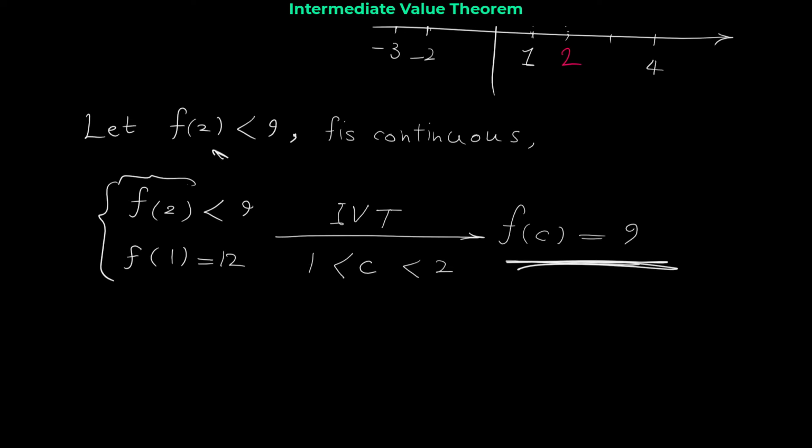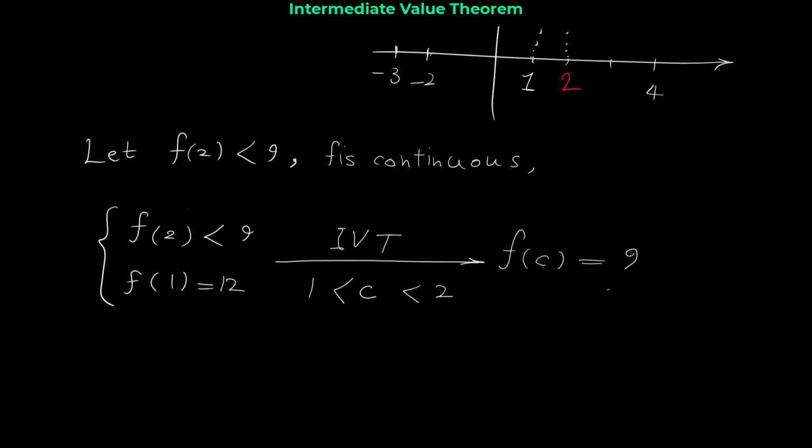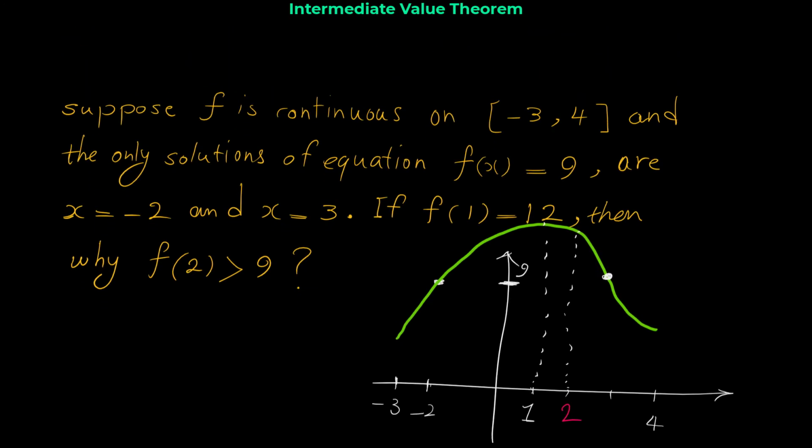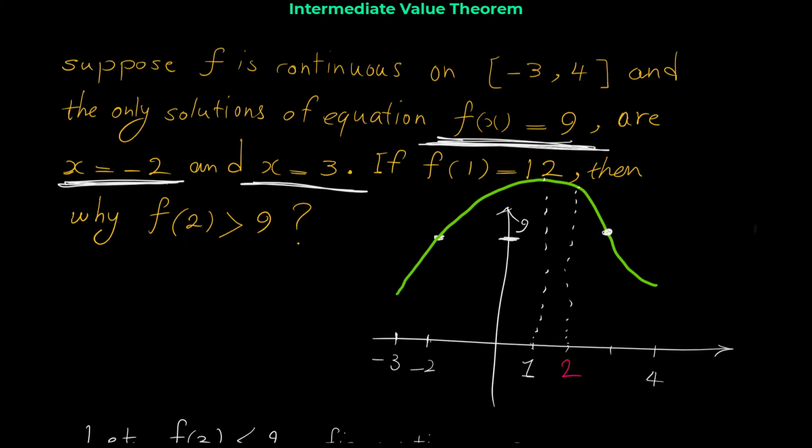And now this conclusion that we have here contradicts what we had here. We supposed f of x equals 9 happens only when x is negative 2 and 3.